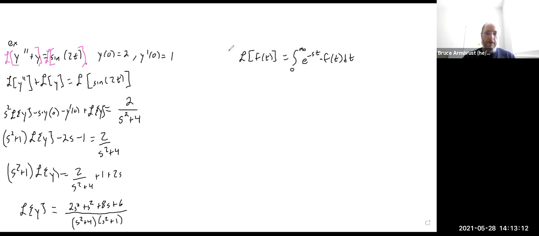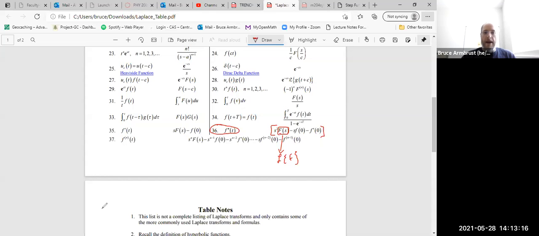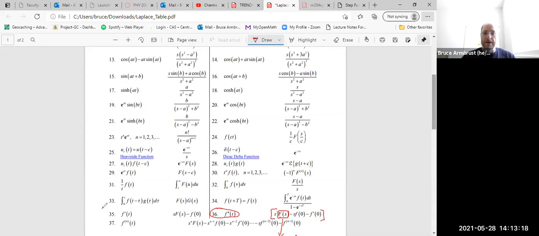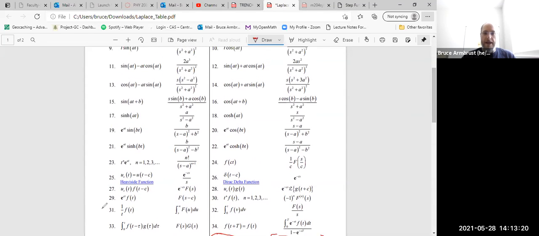If I go back and you look on the right-hand side, we don't have anything that has two sums of squares being multiplied on the bottom unless they're exactly the same thing. So the form we have isn't on our chart, but we're going to be able to get to it by breaking it apart.